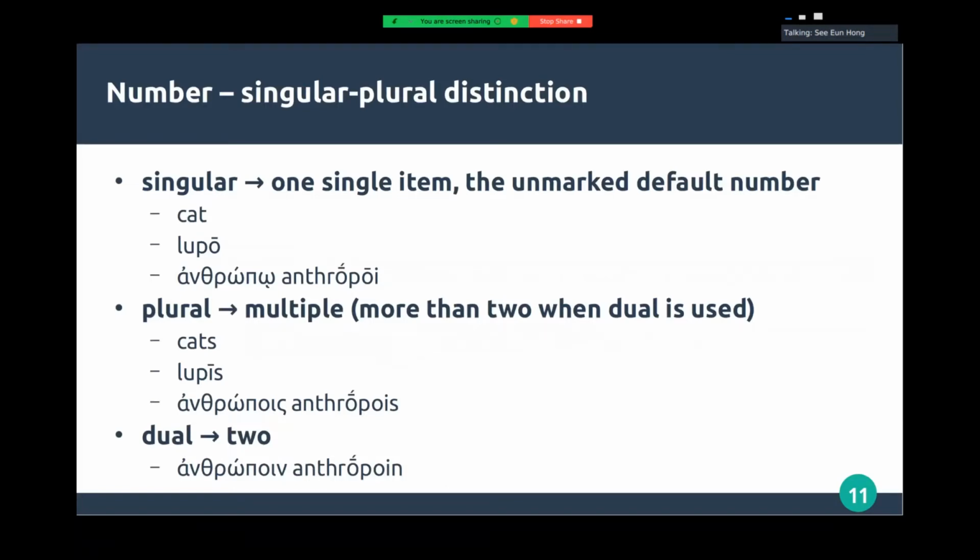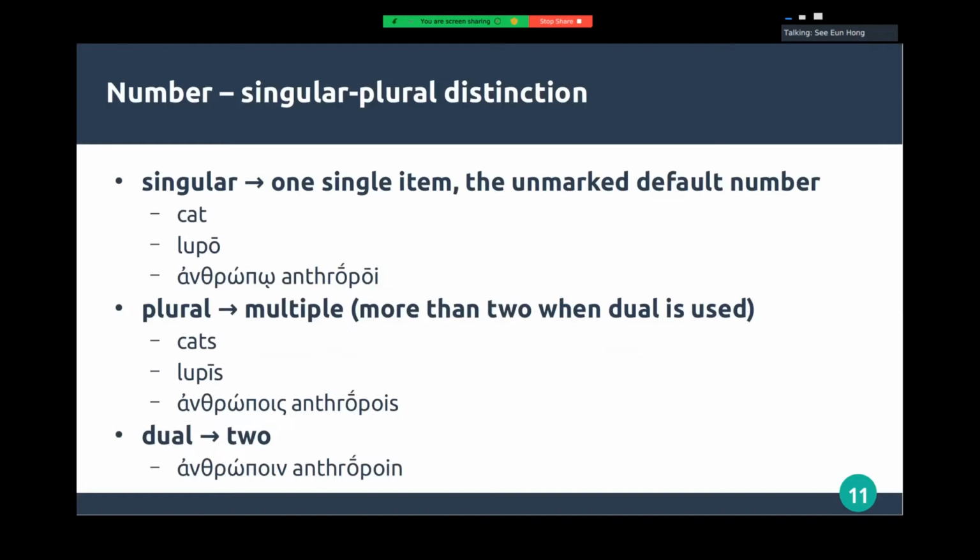So one single item. Like cats, it's a cat, it's one cat. Or lupo could be either singular ablative or singular dative, to a wolf or from a wolf. Or in classical Greek, anthropoi means to a man, to a person.